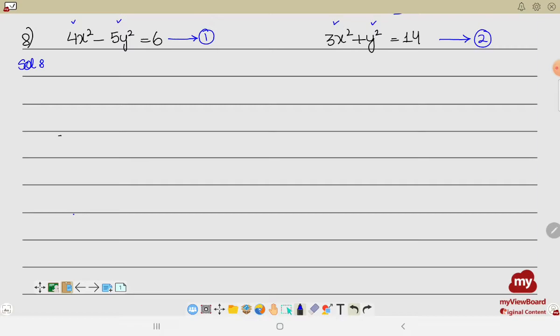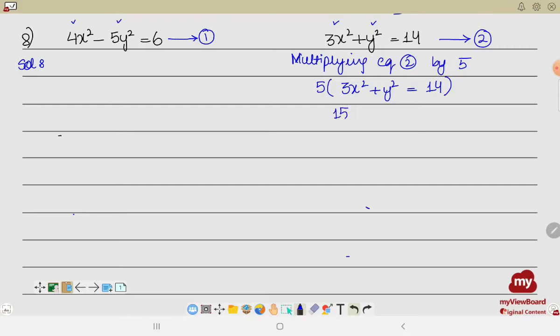So let's make y the same. So in order to have 5y square over here, we are going to multiply equation number 2 by 5. So we'll write multiplying equation 2 by 5. Multiplying the equation with some number means we have to multiply the whole equation, each term of the equation, with that number.